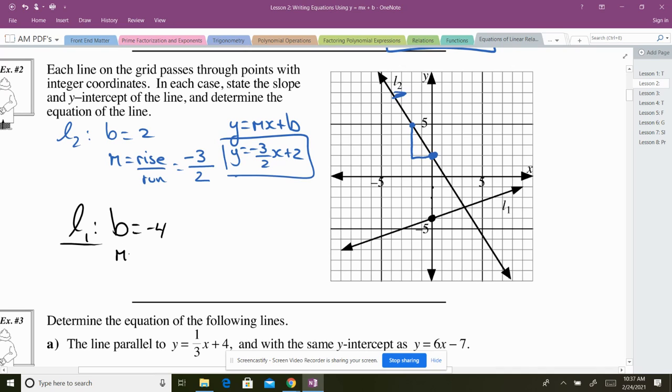All right, then we got to find our slope. Draw your triangle, pick a point. Pick that point. We go 1, 2, 3 to the left. Down 1. So it's 1 over 3.